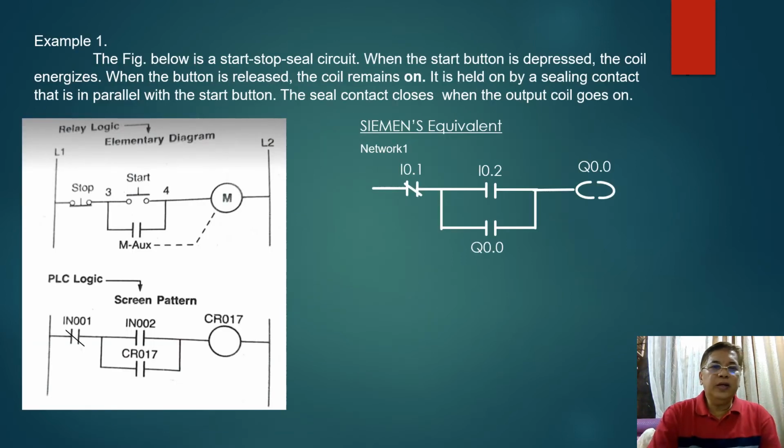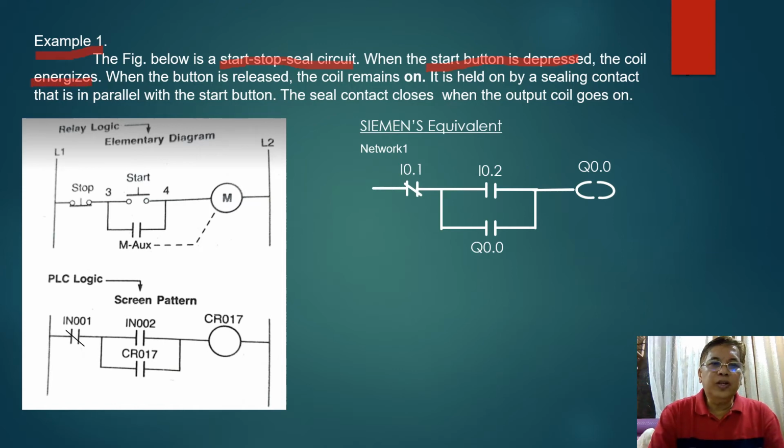Then we have here an example. Let's say example number 1 says the figure below is a start-stop seal circuit. When the start button is depressed, okay, the coil energizes.